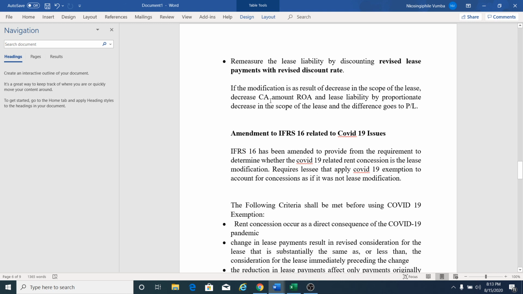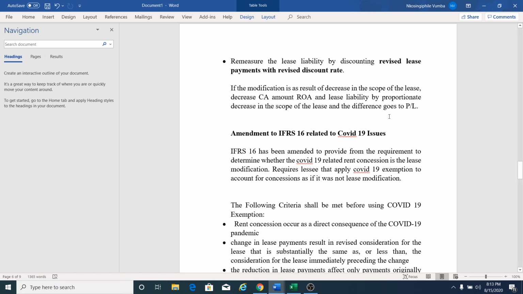So you have the carrying amount of the ROA at that date, and you also have the lease liability at that date. If the scope decreased by 25%, you subtract 25% from the ROA and 25% from the lease liability. The difference between the two should be recognized in the profit and loss. So that's just a summary of what is happening on the modification.